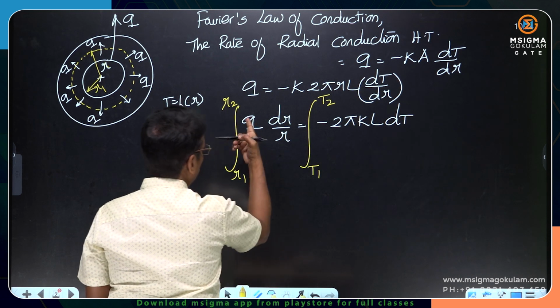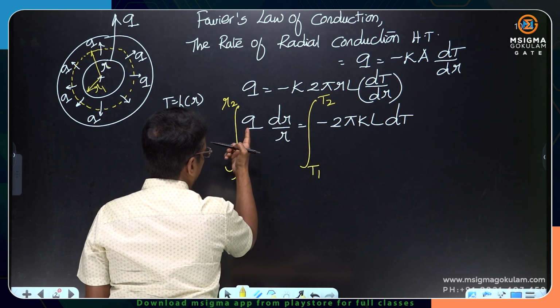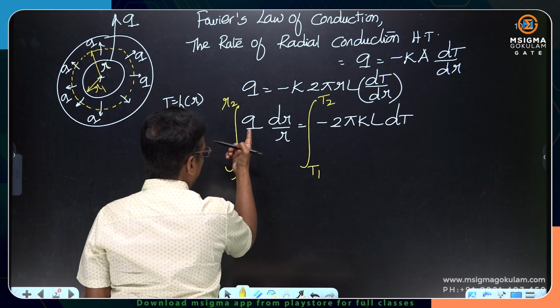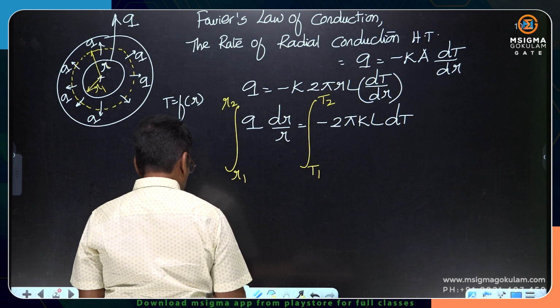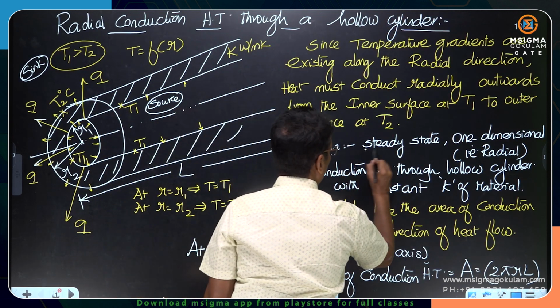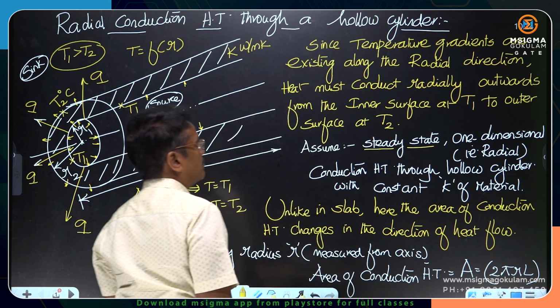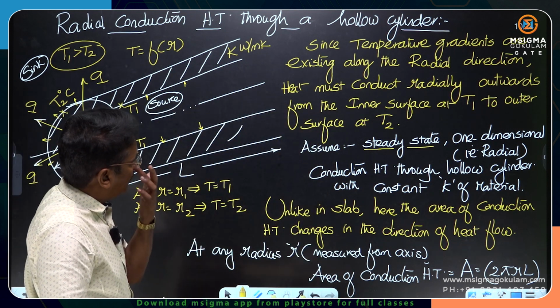Now, this Q should not be a function of R. This Q, the rate of radial conduction heat transfer, should not be a function of R to satisfy this steady state assumption. What is the steady state assumption? Temperature should not be a function of time.